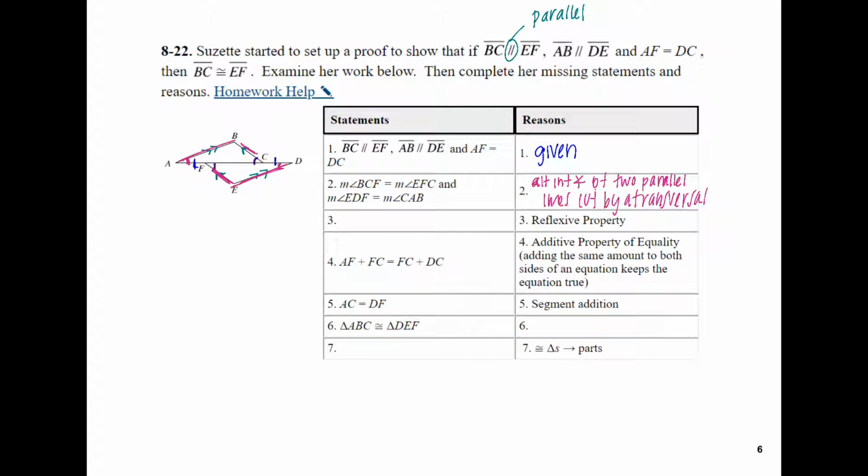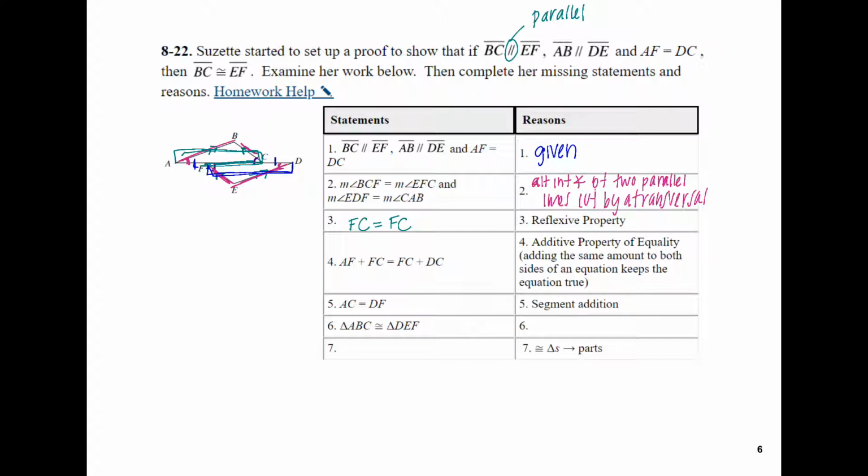I then can state that line segment FC is equal to line segment FC because of the reflexive property. It's a shared side. AF plus FC is equal to FC plus CD, and that is what we call the additive property of equality.